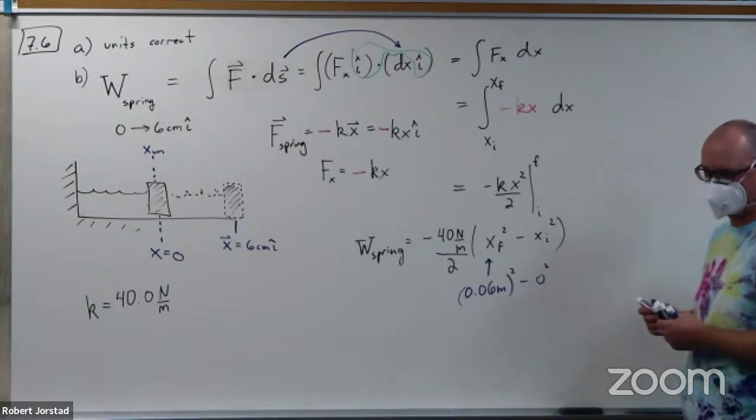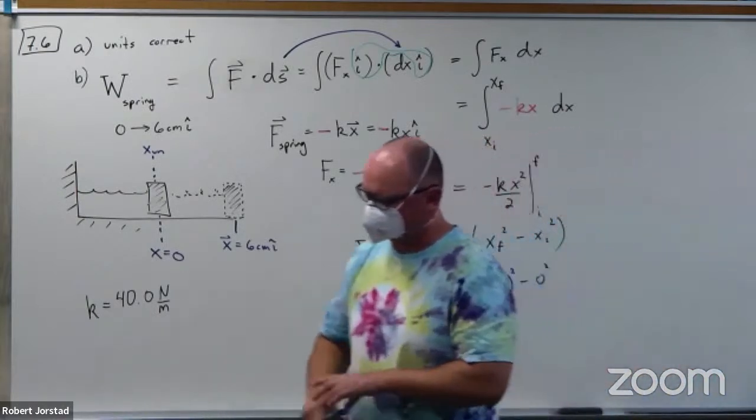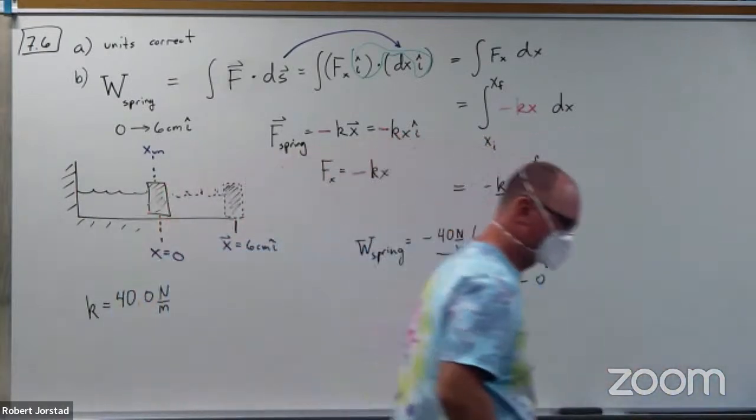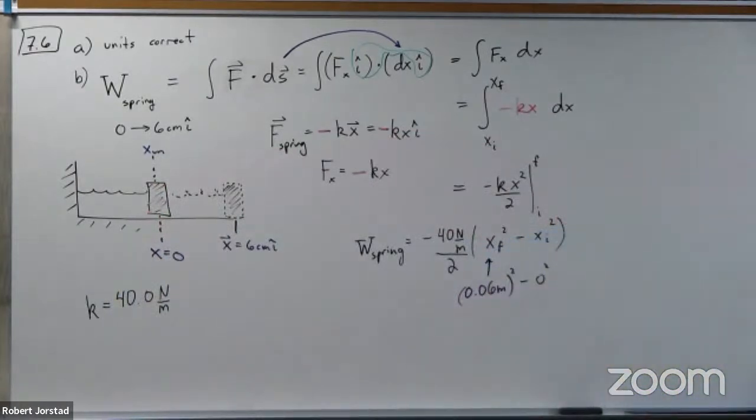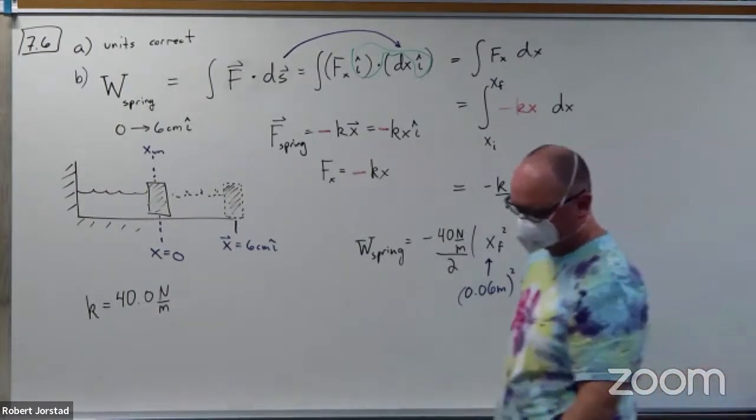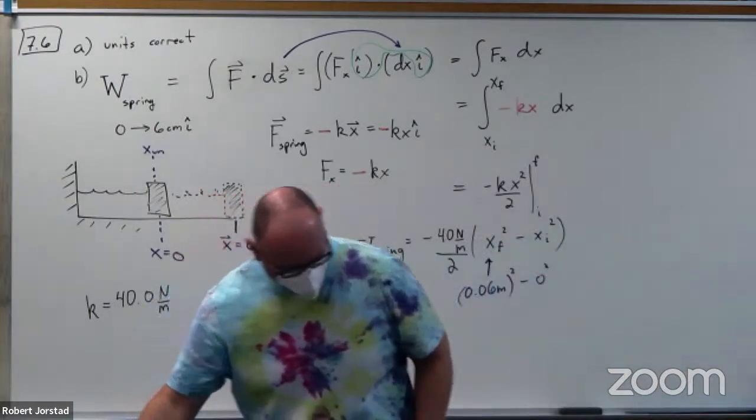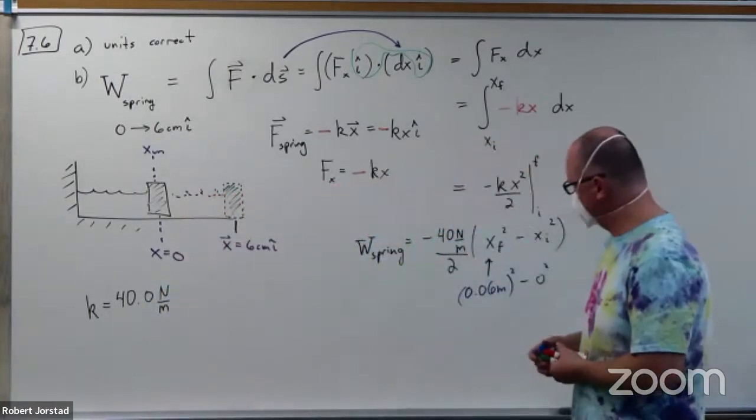Okay, so let's punch in these numbers really quick on your calculator. Just do it. What's going to be what? Negative 20 times 0.06 squared. I got negative 72 milli-what?